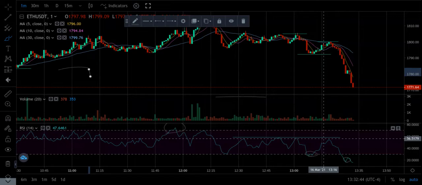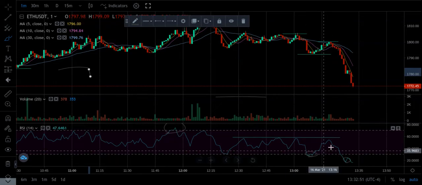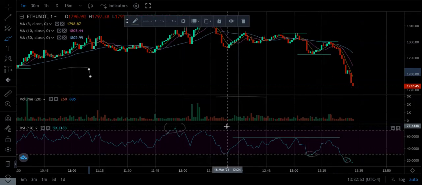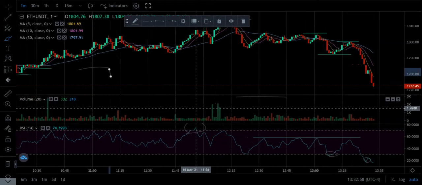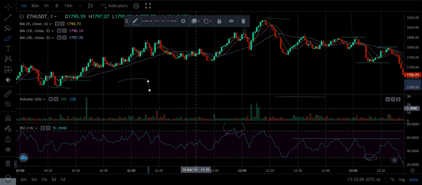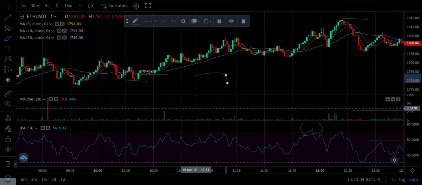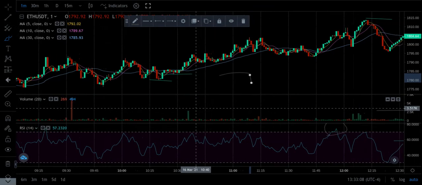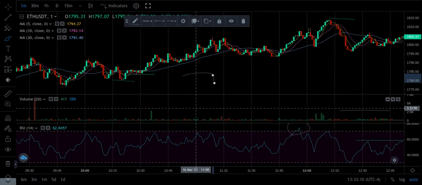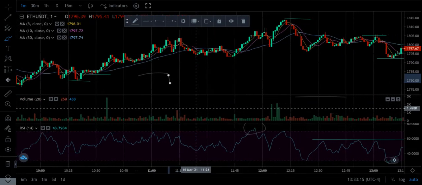But these are just probabilities that you want to play, knowing that right now it has fallen below its low of RSI for a few hours. Not seeing anything on the chart below 20. So that tells you there's something happening in the market. Most likely it's Bitcoin falling down, which is going to drag down Ethereum.